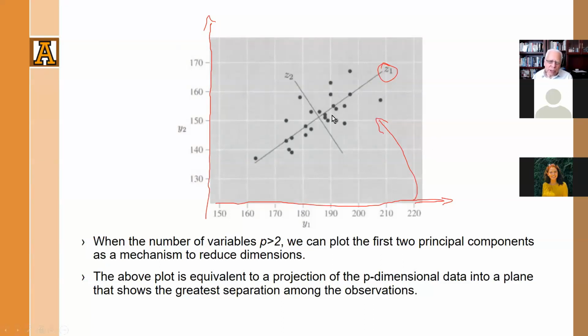In this direction, we have the largest separation among the observations. It's larger in this direction than in this direction. And as you can see here, suppose I have very limited resources and I only have to work with one variable. Well, I would choose this transformed Z1 variable, because that really contains most of the variability that we have in the original data set.